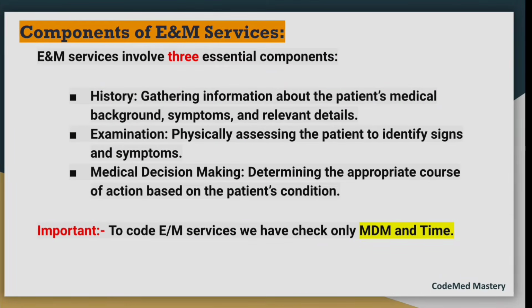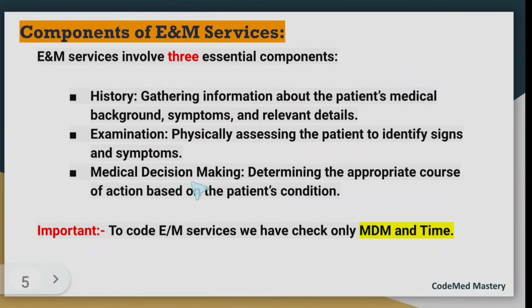Now let us check the components of E&M services. E&M services involve three essential components. Please take notes. First is history, that is gathering information about the patient's medical background, symptoms and relevant details. Next is examination, physically assessing the patient to identify signs and symptoms.